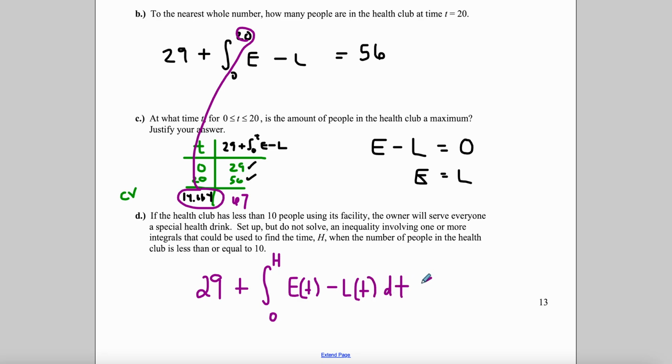You just want to figure out when that is less than or equal to 10, or in this case, excuse me, strictly less than. There you go. Oh, it does say less than or equal to, my bad.